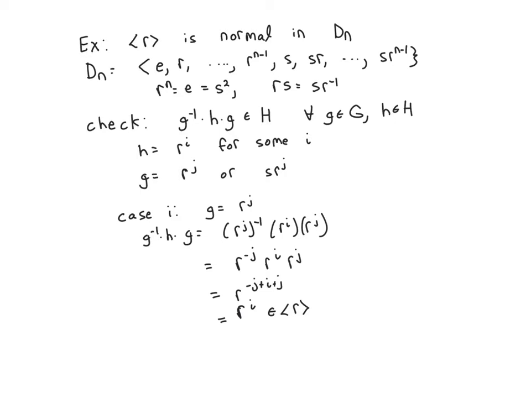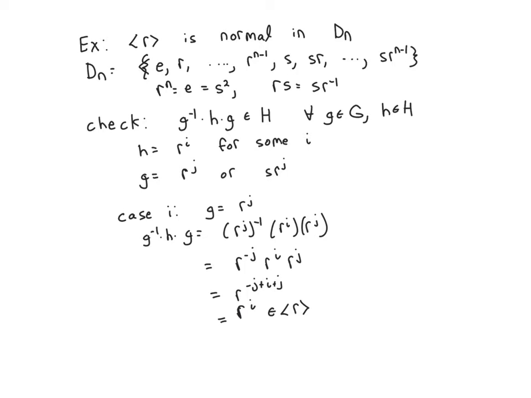With respect to this way of writing down the group, R has order n, S has order 2, and RS is equal to SR inverse, which is a way to multiply any two elements in the dihedral group written this way quickly without having to write down the polygons and do it the hard way.